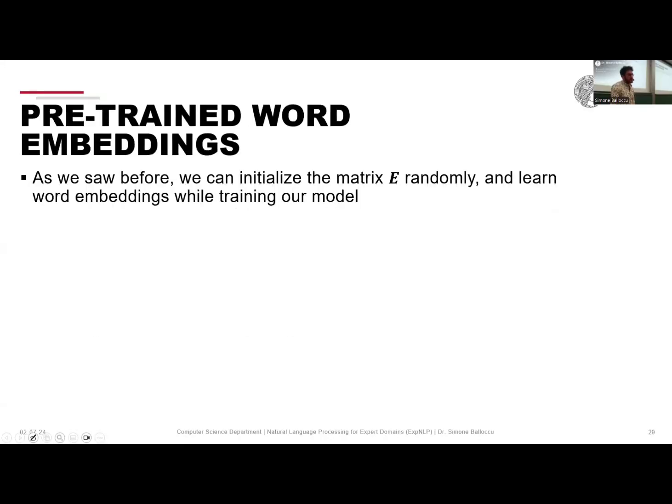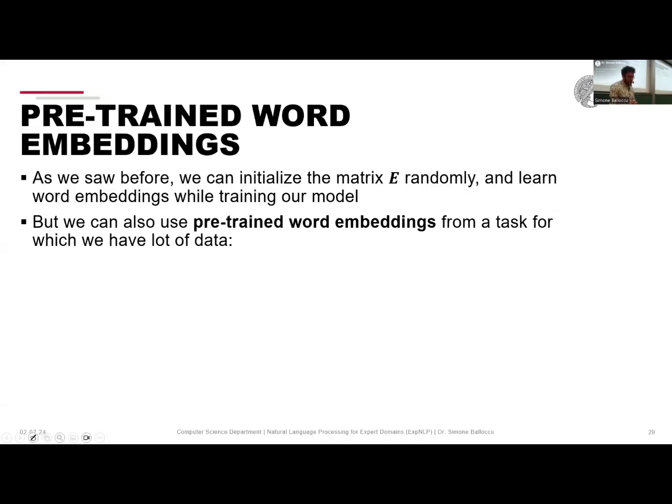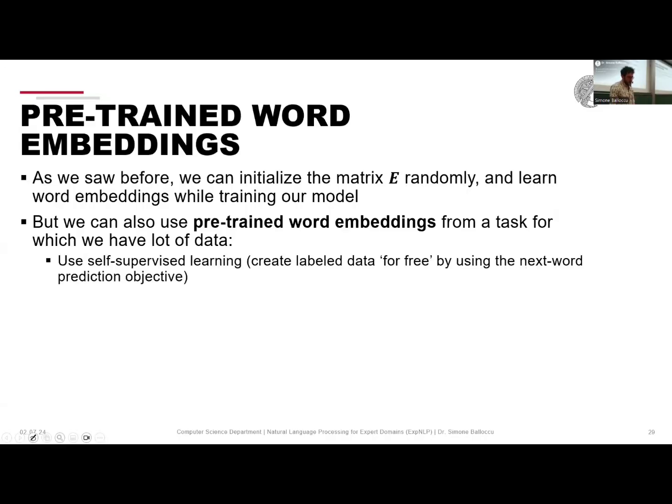So, as we saw before, we can initialize the matrix randomly, and then after we learn, we have good word embeddings. We can also use pre-trained word embeddings. So let's say someone else trained a matrix before, and we just use it. This is what is called self-supervised learning, because there's no real data annotation.